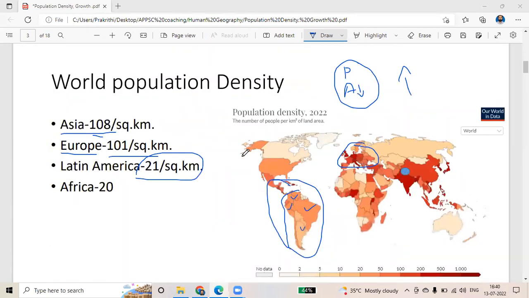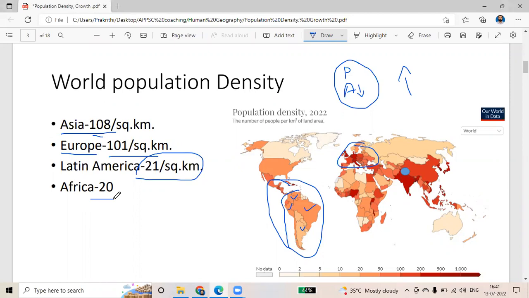So this area, we have only 21 persons per square kilometer. ये कैसे हुआ? यहाँ एरिया ज्यादा है, which is being followed by Africa with 20.